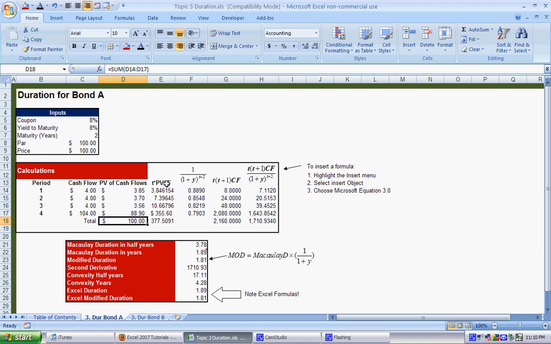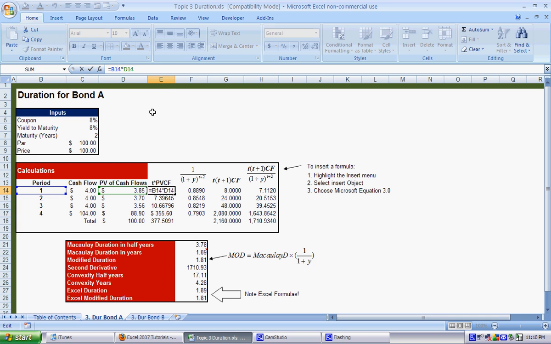So that gives us 100, and then to calculate this kind of quick way of doing duration, we look at the periods, or the period times the present value of the cash flow. These calculations can also be seen in tables 4.5 and 4.6 of your book, on pages 65 and 66.